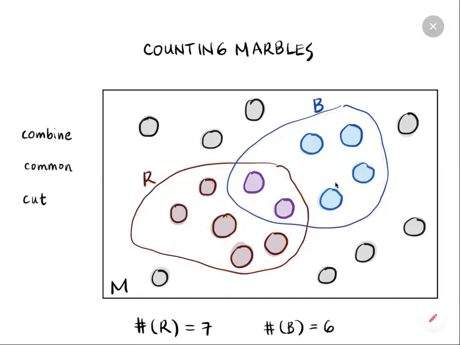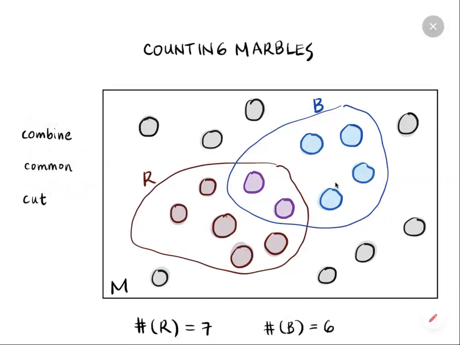So in terms of set operations, the combination corresponds to the union. The common elements correspond to the intersection, and cutting would be associated with the set difference.